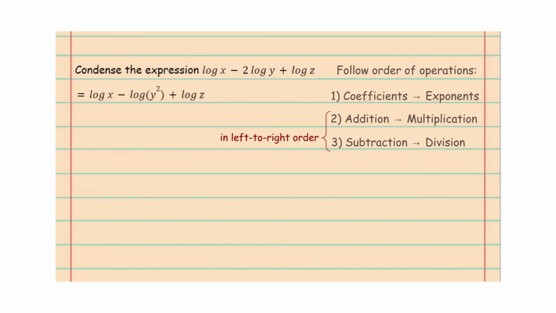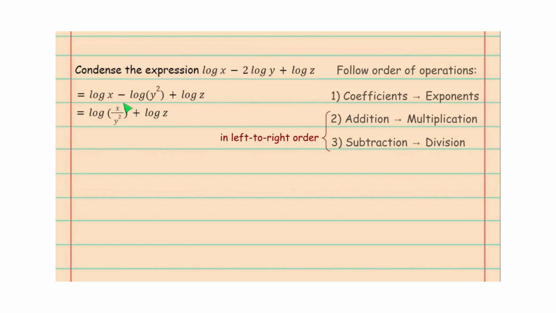So, first thing we're going to do is look at this 2 that's a coefficient, and you can make that an exponent. Technically, you can make a negative 2 the exponent, and you'll get the right answer. But I'm going to stick with the positive 2 for simplicity's sake. Next, you would turn this subtraction into division within the logarithm.